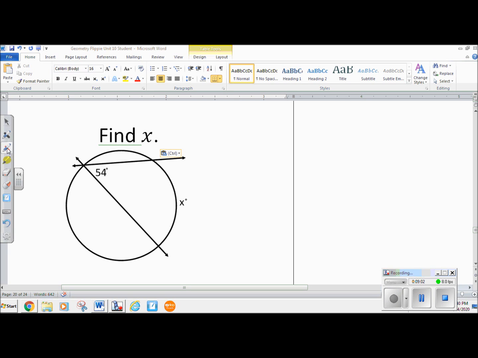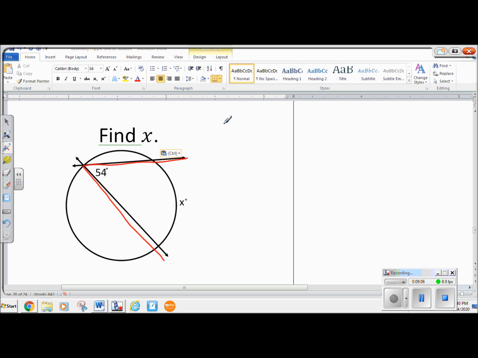Find x. Again, we have an ice cream cone, and we know that the cone is equal to half of the sum of the scoops. The cone is 54. The scoops, one of them is x. The other one, since this is just a point and not an arc, has a measure of 0 degrees.